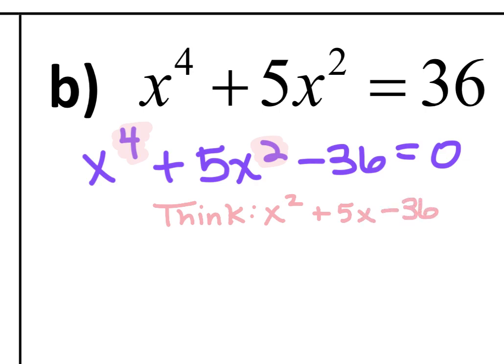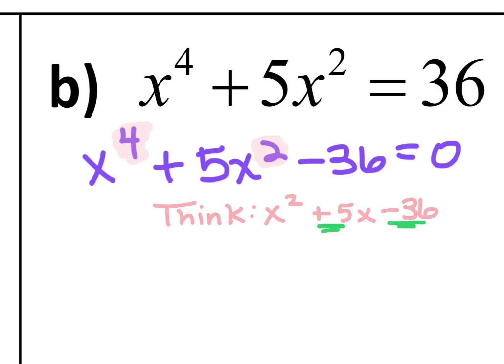So if you want to factor that, remember that you look at negative 36 as a product, or two numbers multiplied, and positive 5 as a sum, which is two numbers added. And you want the same two numbers that multiply to negative 36 and add to 5. And that's going to be positive 9 and negative 4.